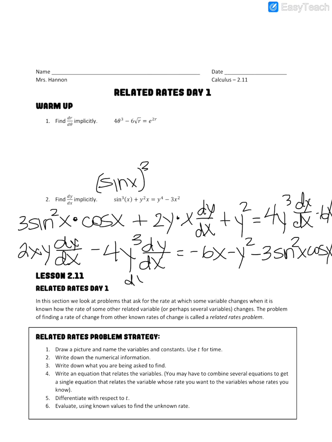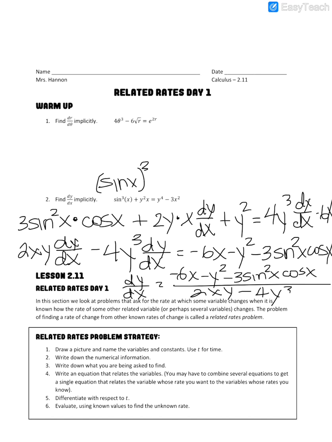So this final answer would be negative 6x minus y squared minus 3 sine squared x cosine x all over 2xy minus 4y cubed.